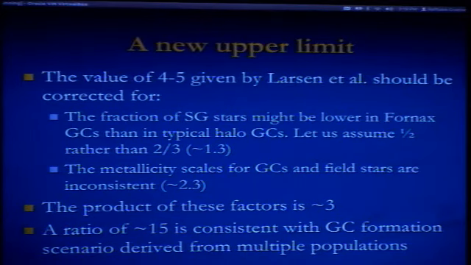So at the end, this also may bias your result. The population of field stars is depleted with respect to the population of the globular clusters. And this enhances the specific frequency.